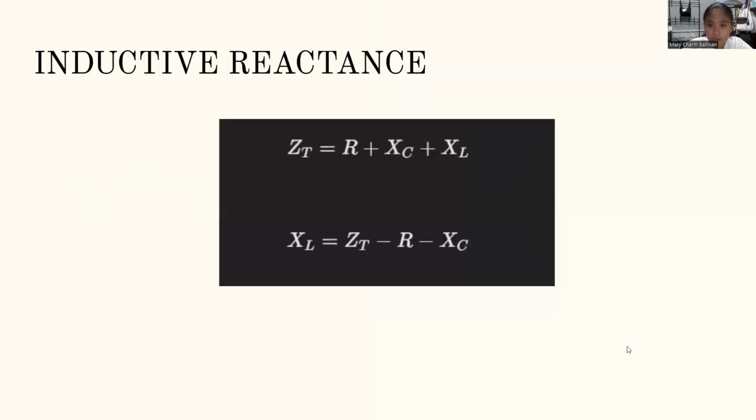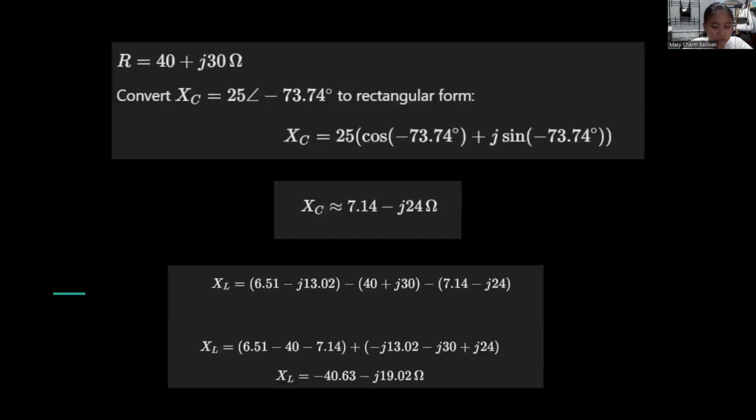For the inductive reactance, we have the formula ZT is equal to R plus XC plus XL. Rearranging it for the inductive reactance, XL is equal to ZT minus R minus XC. Substituting the values, R is equal to 40 plus j30 ohms.